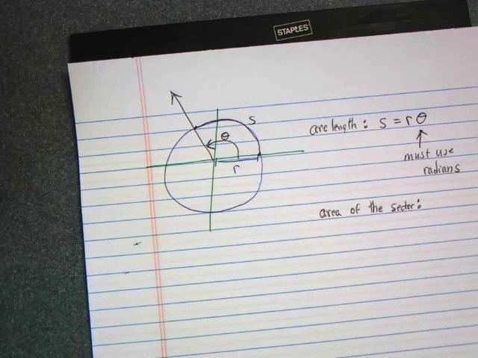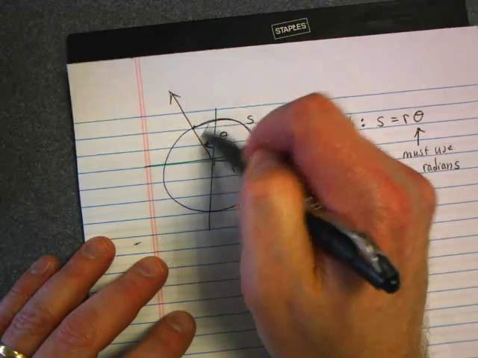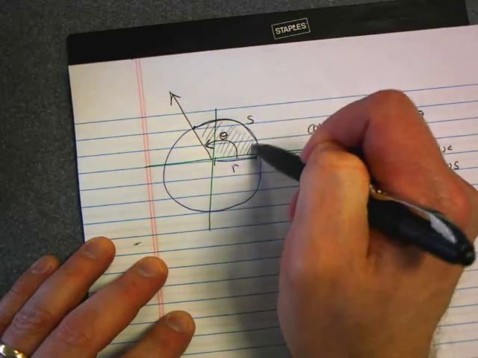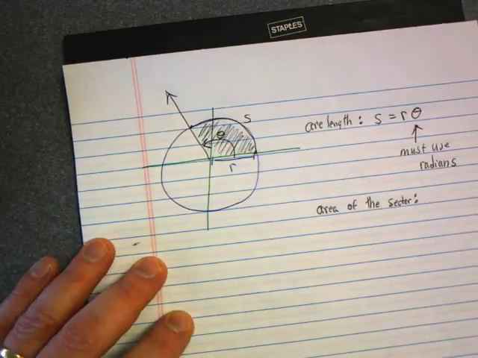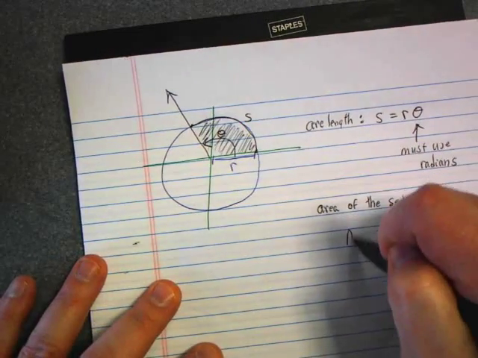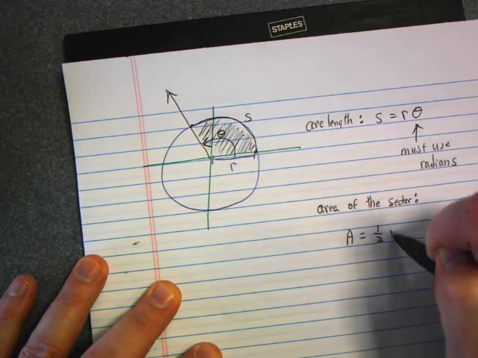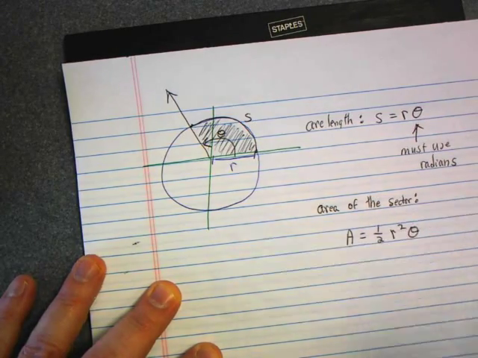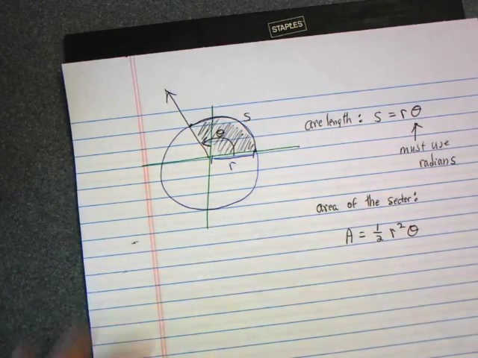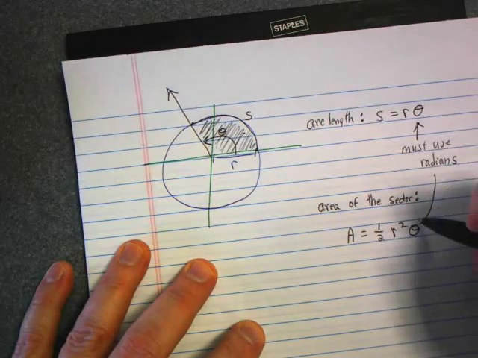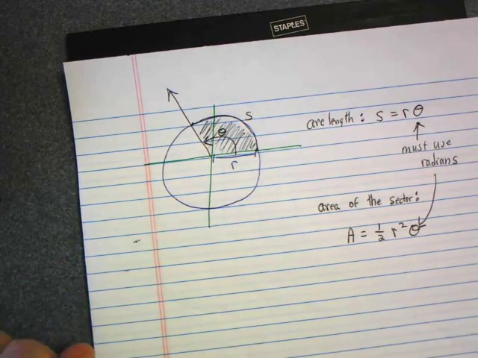What do I mean by area of the sector? It would be the area in between the two rays there. So it would be the area of that chunk of the circle. Area is 1/2 r squared theta. And again, you must use radians.